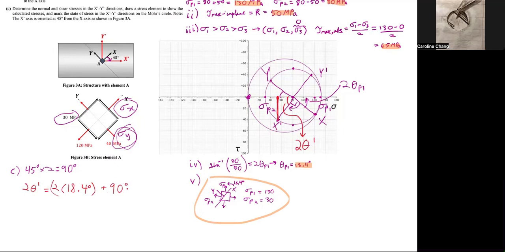And then all that subtracted from 180 degrees, because 180 degrees is the angle of this whole section. It's simply a straight line. So we'll calculate that as 53.2 degrees.